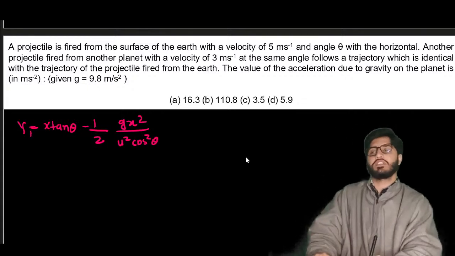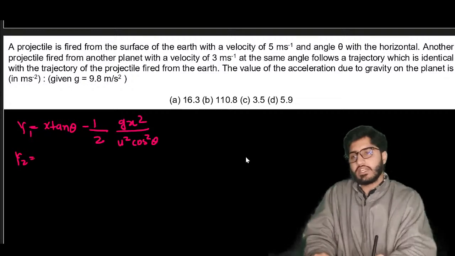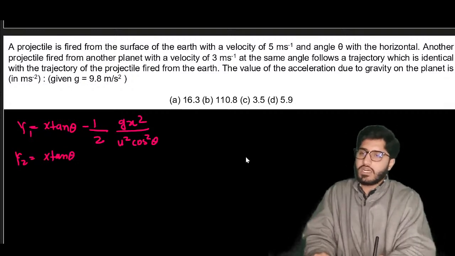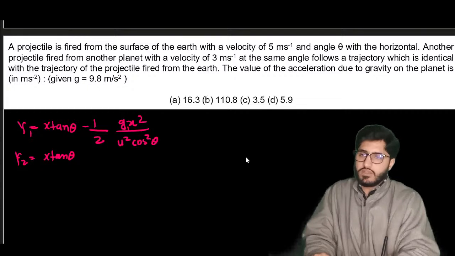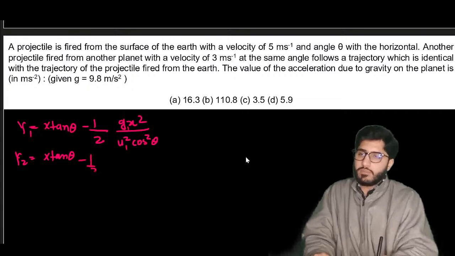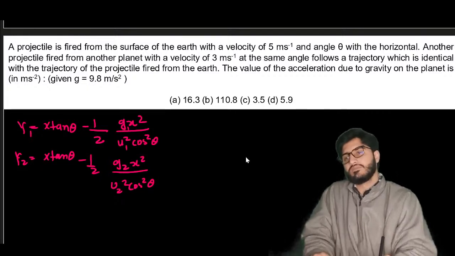That is the first trajectory. The second would be the same: x tan theta minus 1 by 2 g2 x square divided by u2 square cos square theta. Both are the same, right?